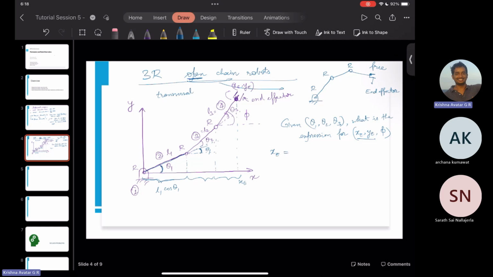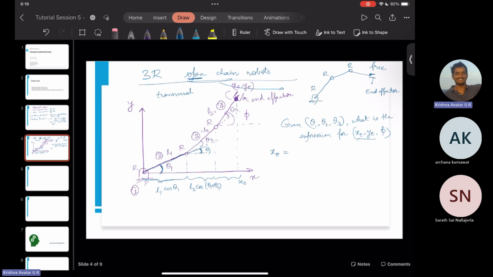These are just the corresponding transversal angles. So effectively, link 3 makes an angle of θ1 plus θ2 with respect to the x-axis, because of which the projection will be L2 cos(θ1 plus θ2), right?